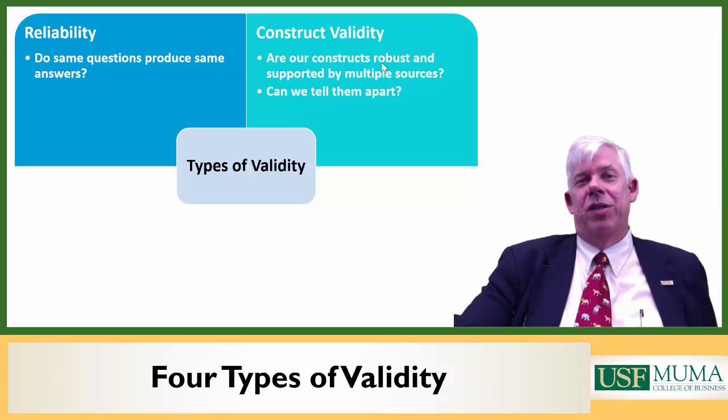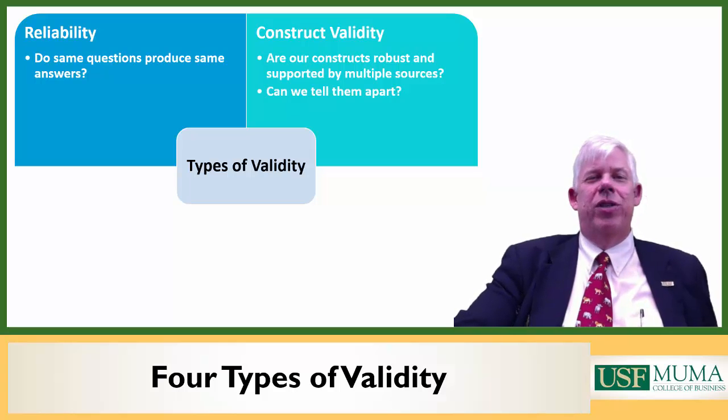In other words, does it appear that the constructs are real, or are they just something we made up for convenience? And can we tell them apart? Sometimes you have 2 constructs that are so similar to each other, it's really impossible to tell them apart. That's sometimes referred to as discriminant validity, and if you can't discriminate between them, they're not very good constructs.